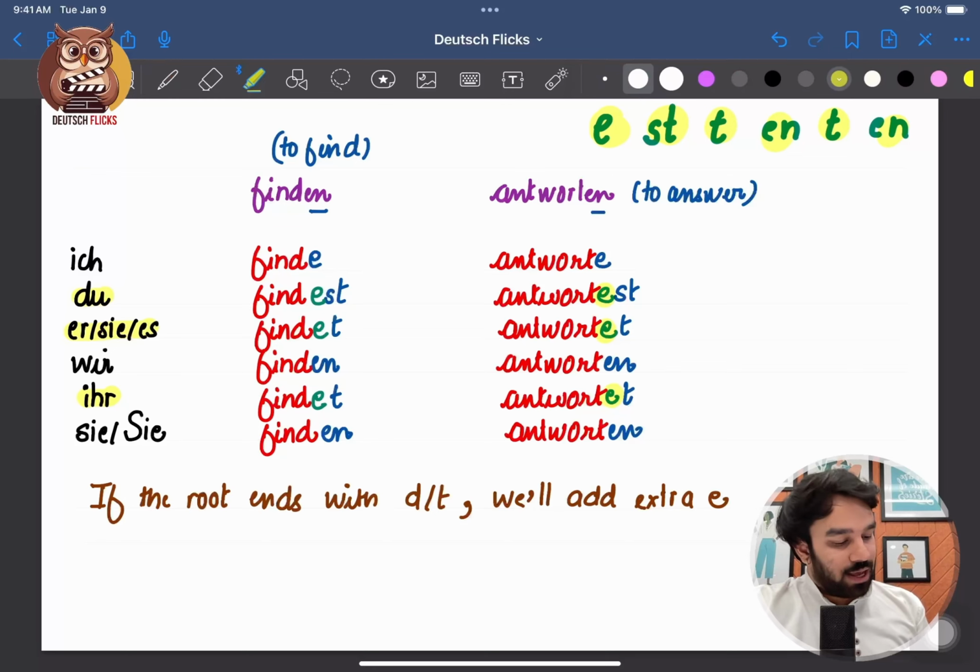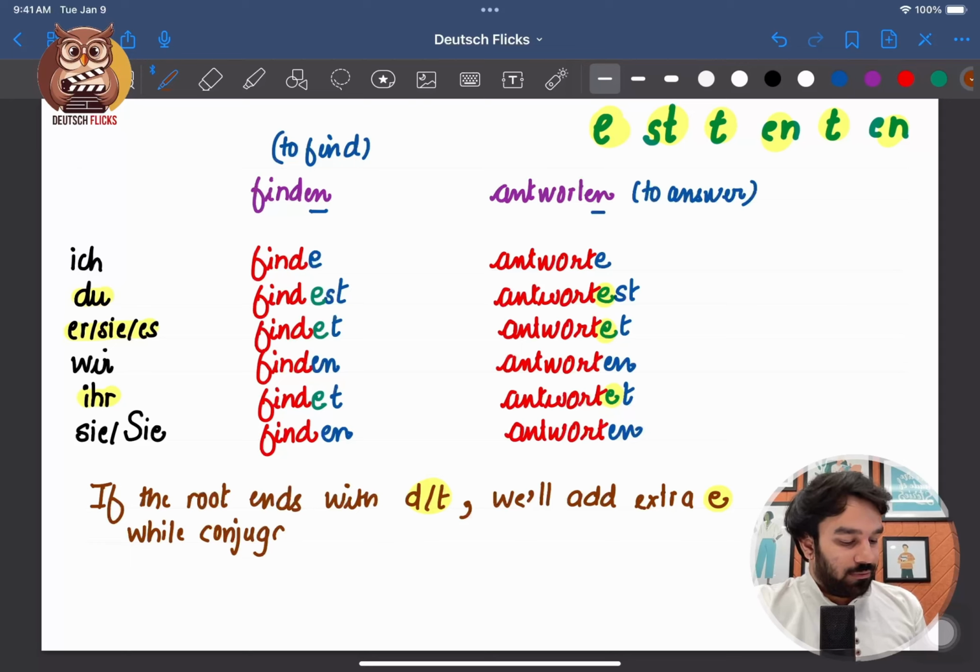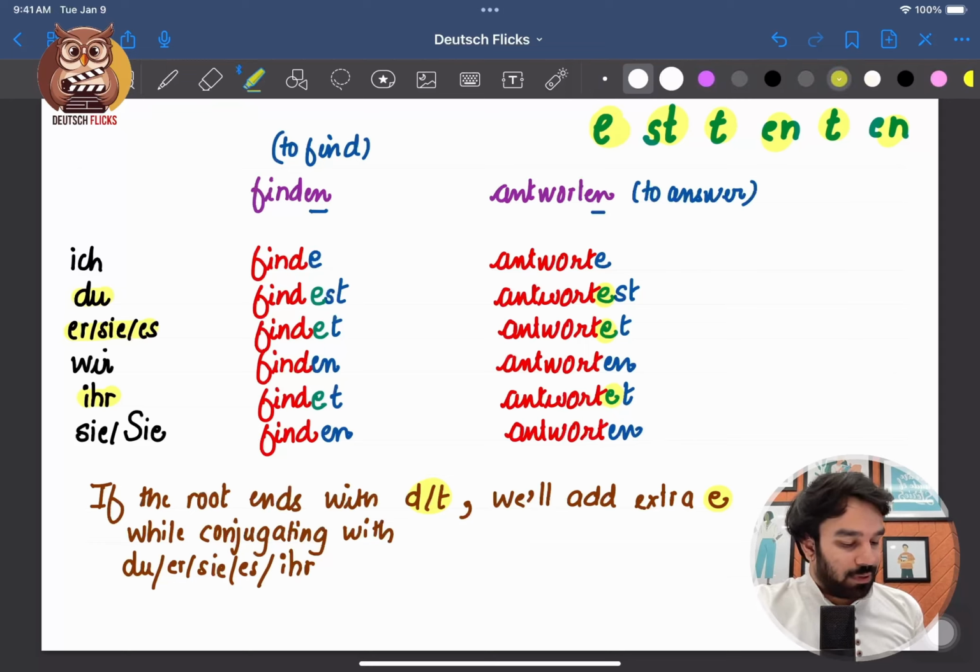Do we have to add this extra e with all the pronouns? No. Then we will add an extra e while conjugating with which pronouns? Du, er/sie/es, and ihr. So let me highlight this.